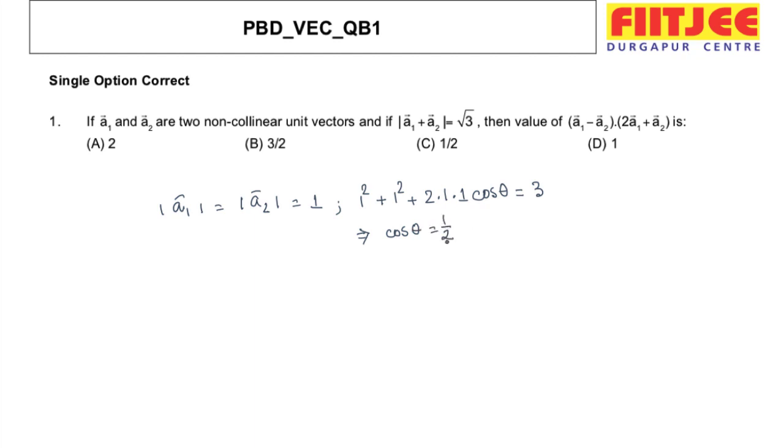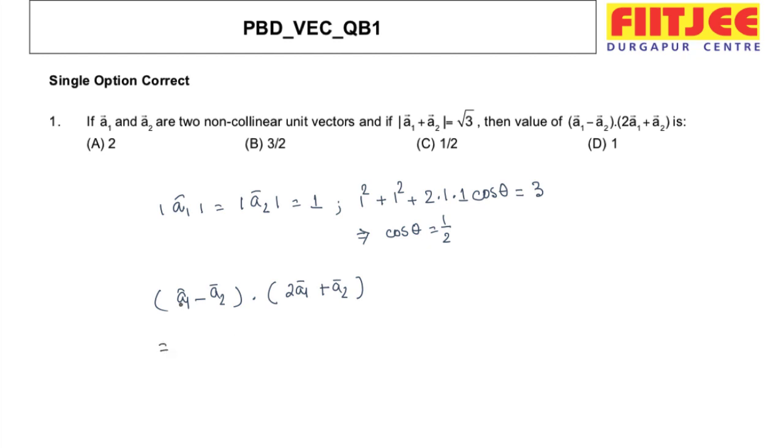Theta equal to 60 degree. Now let us try to find this dot product, which is a1 minus a2 dot twice a1 plus a2.